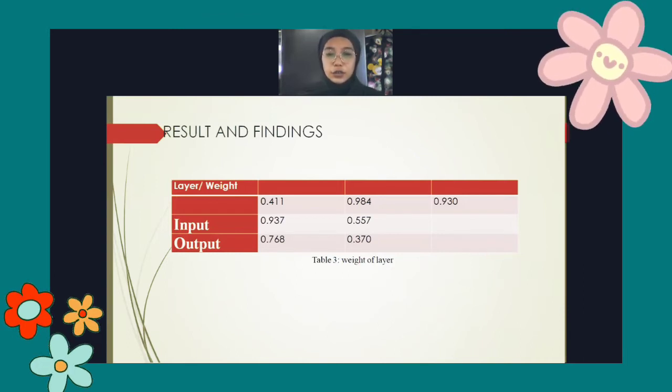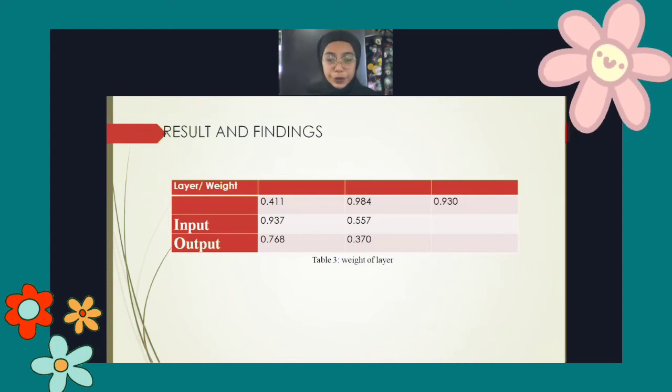Next, for the results and findings, table 3 shows the layers, which is the hidden layer that has two input weights and two output weights, where each weight has a bias. The result shows the hidden layer has two inputs starting with 0.937 and 0.557, while the output starts with 0.768 and 0.370.